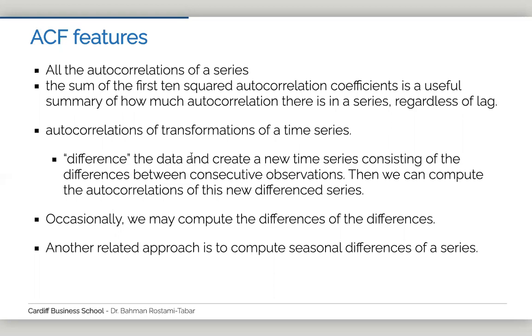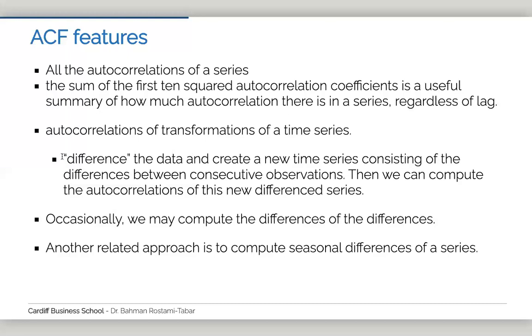We can also calculate the autocorrelation of a transformation of a time series. We will discuss this later, in the chapter corresponding to ARIMA. This is more about having a stationary or non-stationary time series. If you want, you can transform your time series and then calculate its autocorrelation as well.